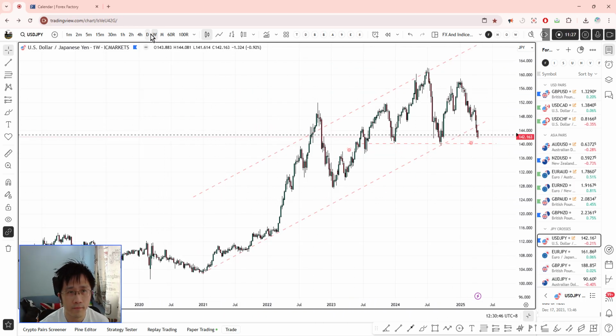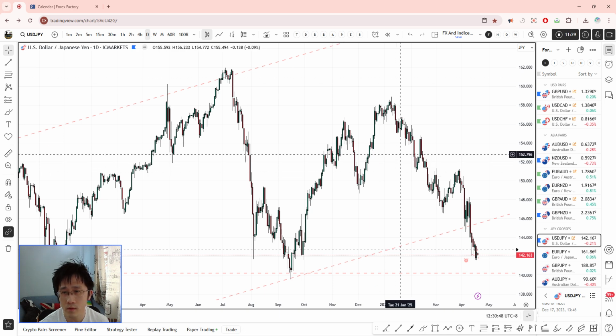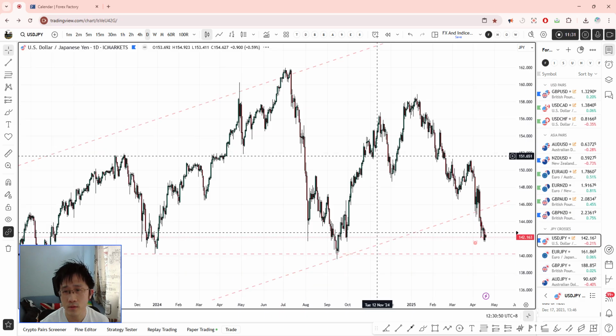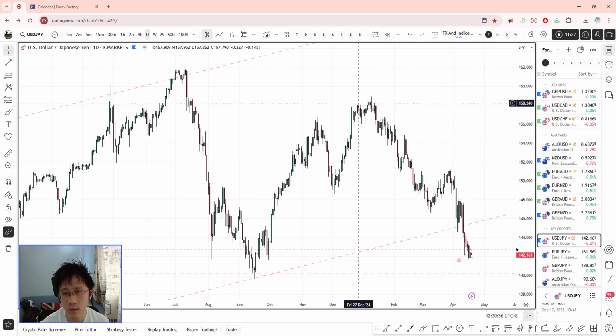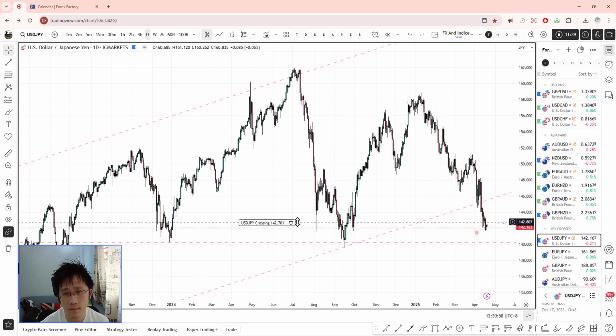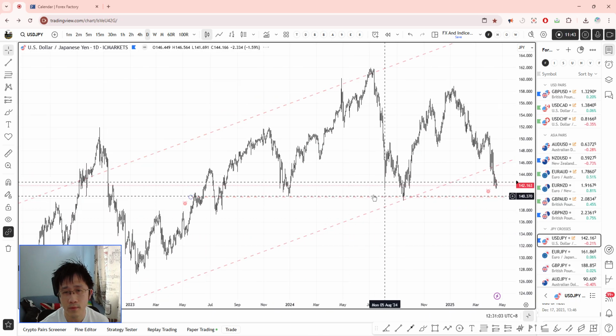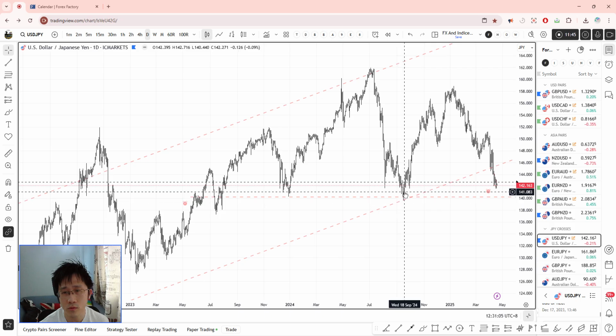I mean, for 5 years, but we are not really interested in that. But the other thing is that for the short term, on the daily, it is actually quite near to this support, the previous support, which could be a strong one.